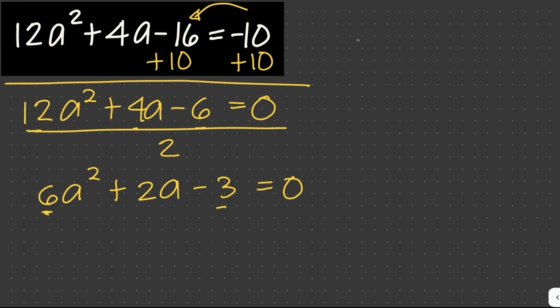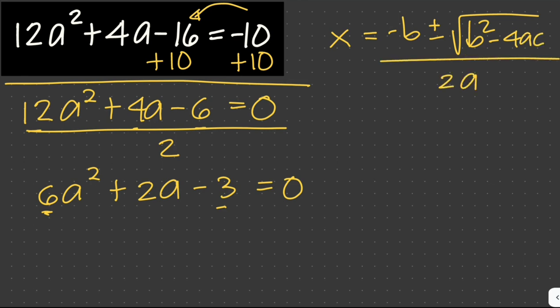So the quadratic formula is just this one: negative b plus or minus the square root of b squared minus 4ac, over 2a, where a, b, c are the coefficients of the terms from the quadratic equation in standard form, ax squared plus bx plus c equals 0.